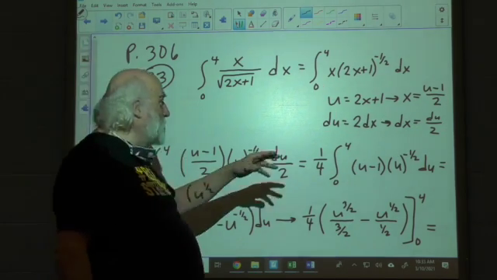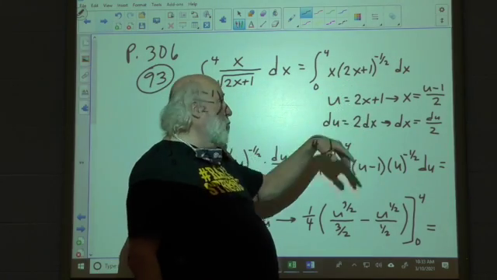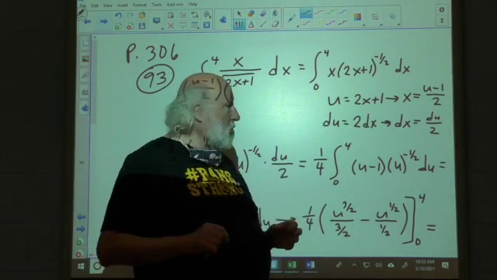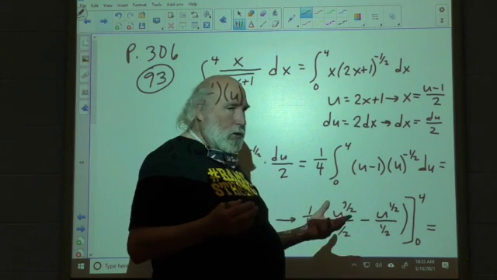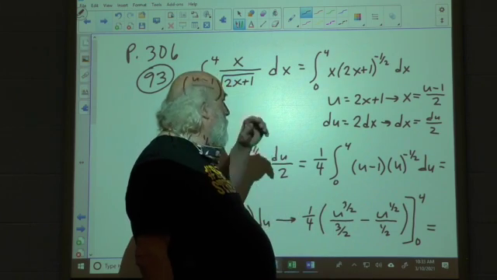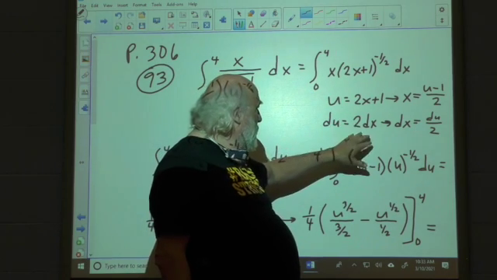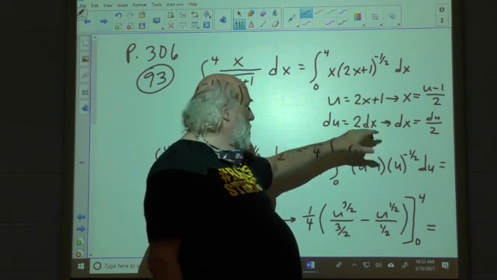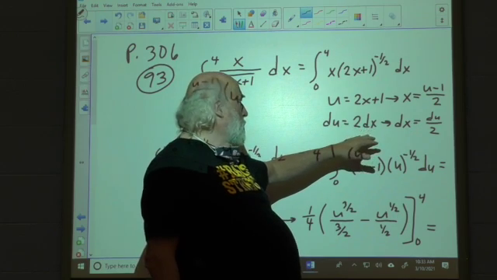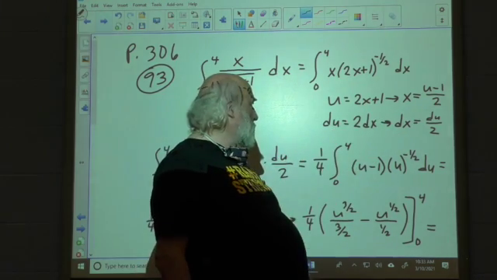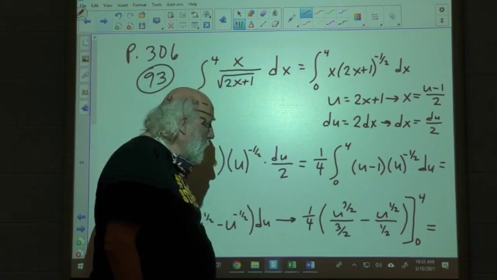Now, again, we're going to use the chain rule here. We're going to replace the 2x plus 1 with a u to make it much simpler in comparative terms. That means then that du is going to be the derivative of u, which is 2. So this is going to be 2 dx.